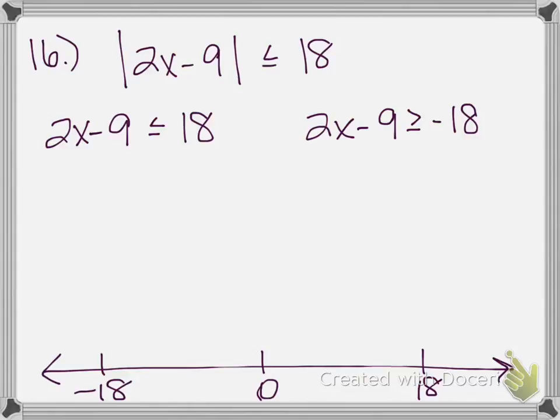If my absolute value is less than or equal to 18, that means I'm getting closer and closer to 0, because it's distance.